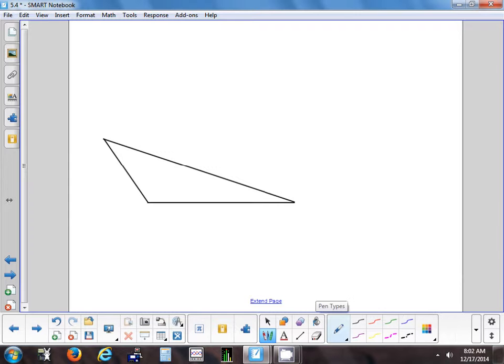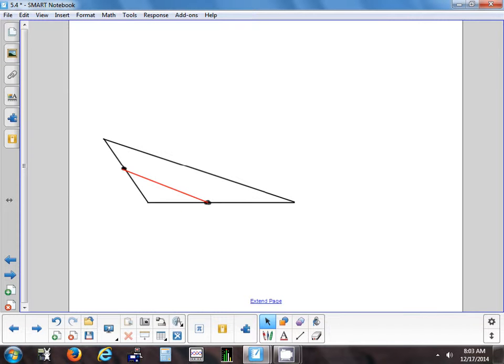You want to try to mark the midpoints pretty accurately. So let's do that one, and let's do that one. Now if I draw a segment connecting it, that's a mid-segment. Okay, so that line in red, that's a mid-segment.